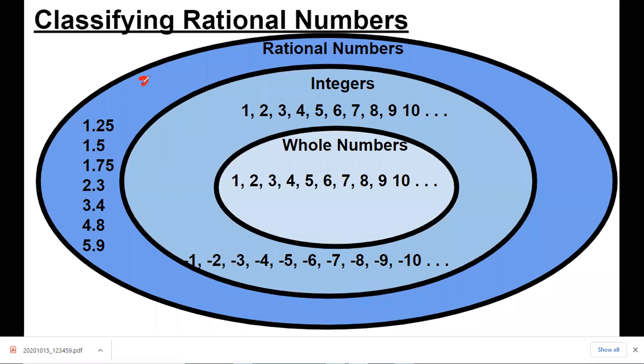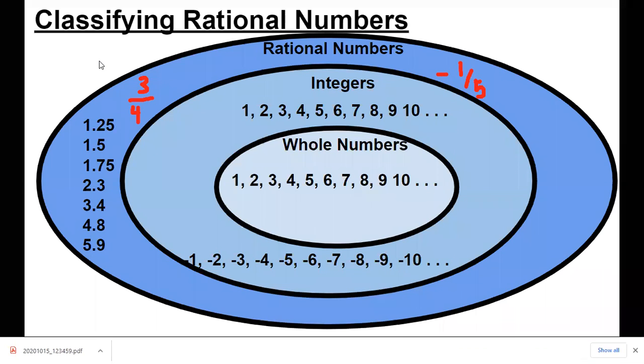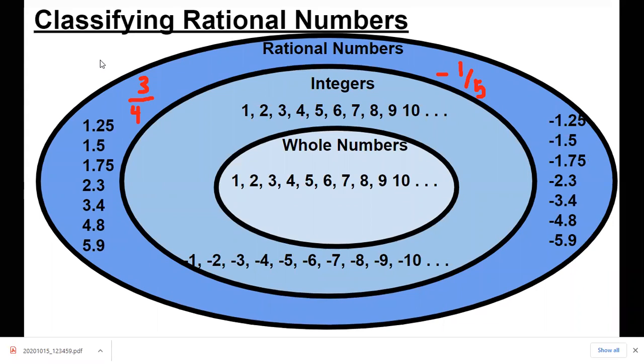I'm just going to write one in here because I didn't put any of those in my PowerPoint slide here, but any fraction is also a rational number, or any negative fraction is a rational number as well. And also any negative decimals, -1.25, -1.5, -1.75, -2.3, -3.4, -4.8, -5.9, and any other decimal or fraction you can imagine is a rational number.